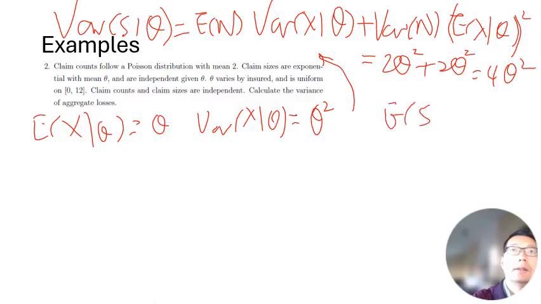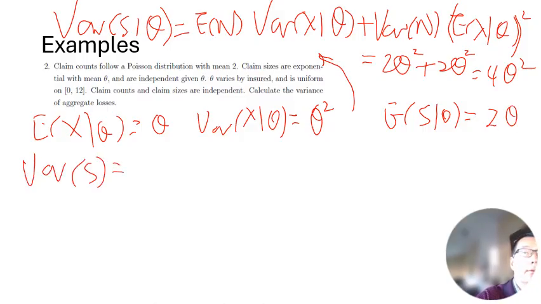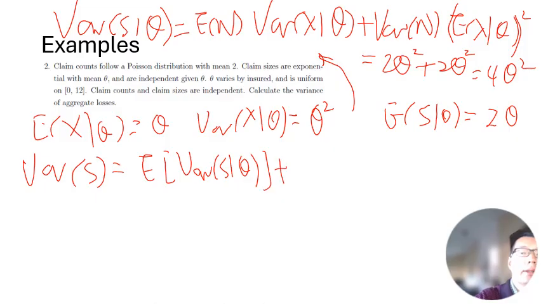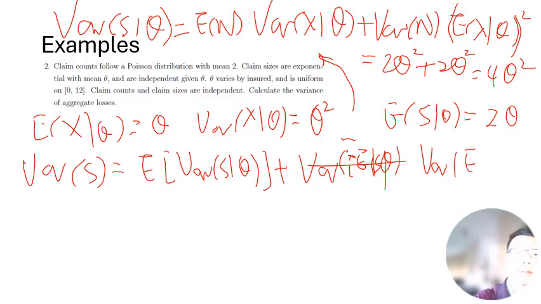Expected value of S given theta is 2 theta. Therefore, the VAR S will be the expected value of VAR S given theta plus VAR of the expected value of S given theta.